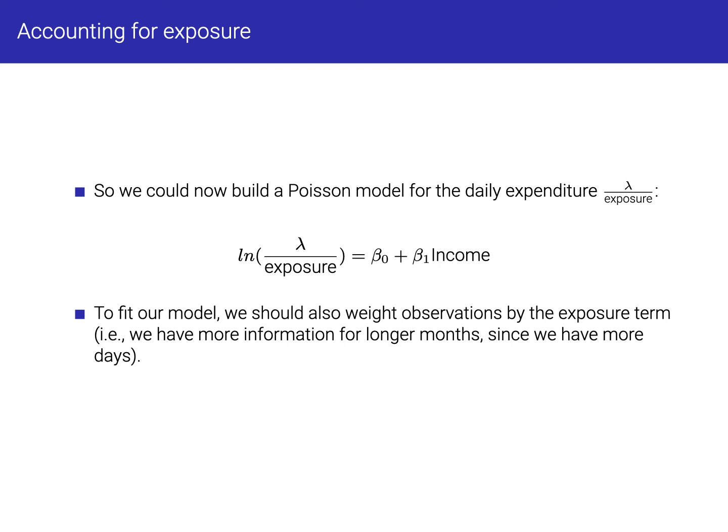It's important also to know that when you try to fit that model, you should not only do that manipulation where you take the counts and divide by the exposure. Not only should you do that, you should also weight observations by the exposure term.